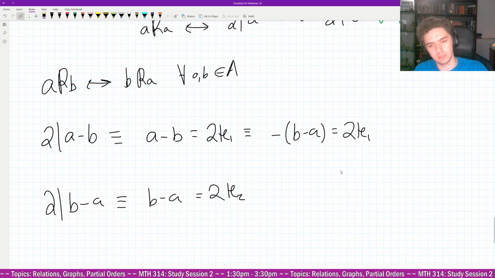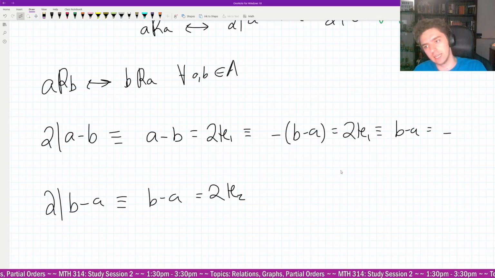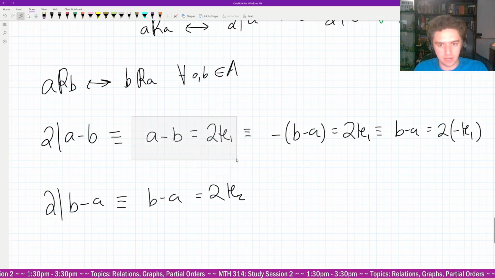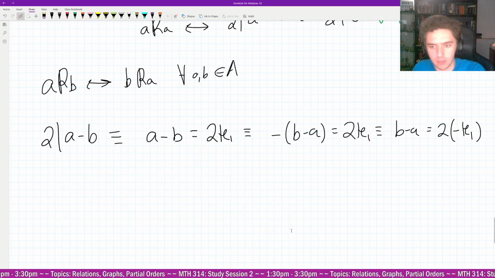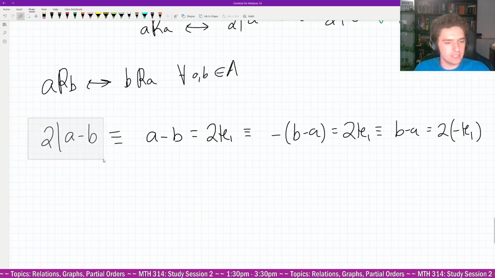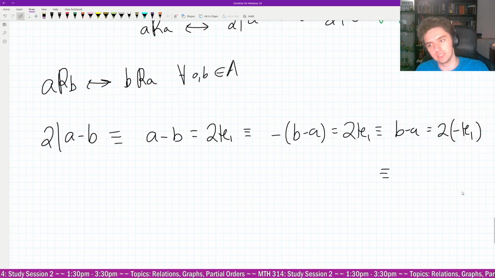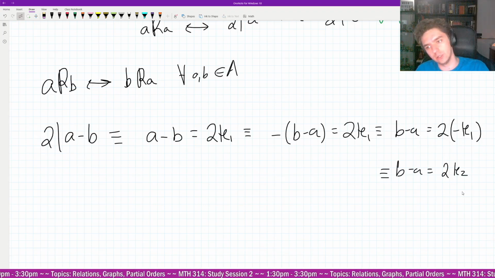So this is logically equivalent to b minus a equals 2 times negative k1, right? We started with the hypothesis, so I guess I didn't need this bottom line. I showed that this is logically equivalent to b minus a equals 2k2, which is logically equivalent to b R a.